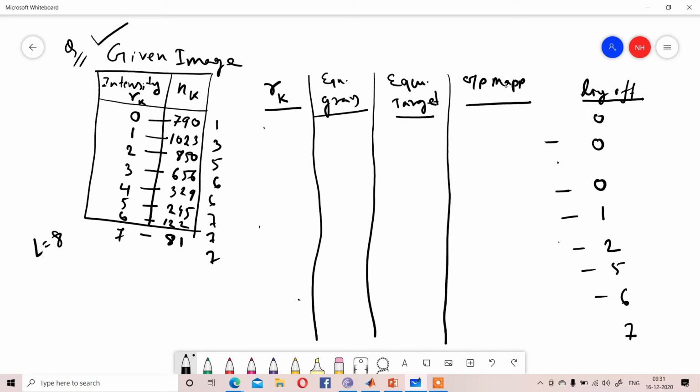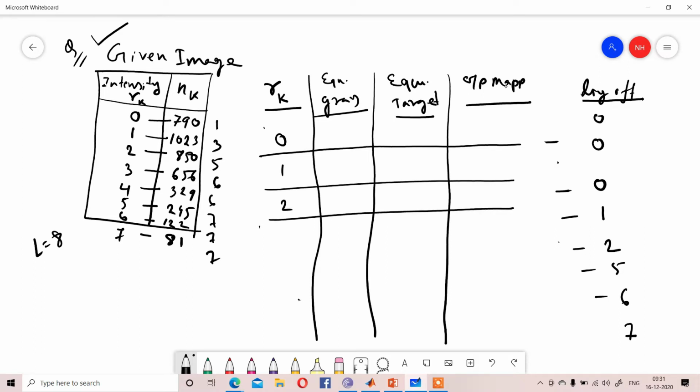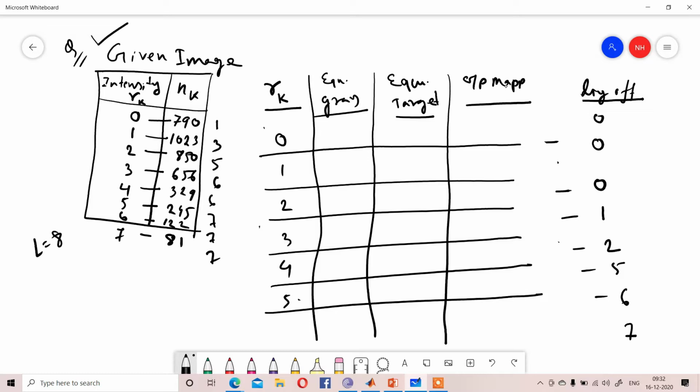The first is the input gray level image, which are 0, 1, 2, 3, 4, 5, 6 and 7. These are the 8 input gray levels.